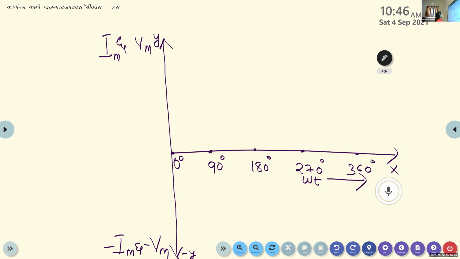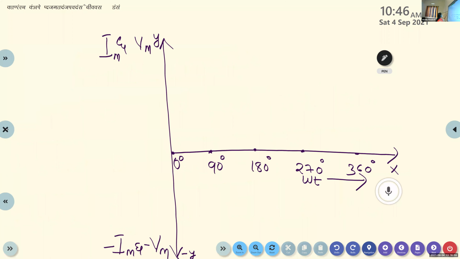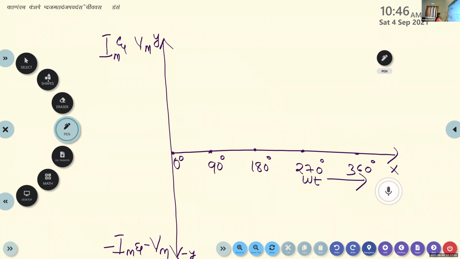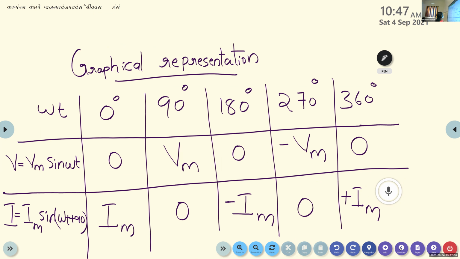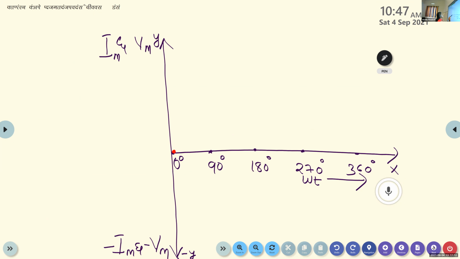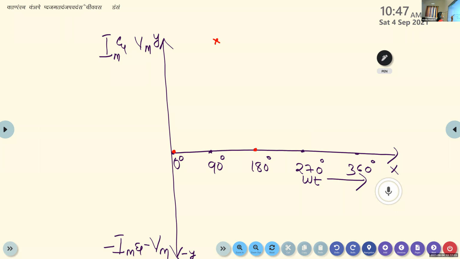First we can draw the graph corresponding to EMF. For 0 degree, the value of EMF is 0. For 90, it is plus Vm. 180 again 0. 270 it is negative Vm.